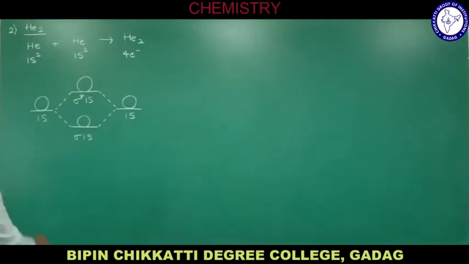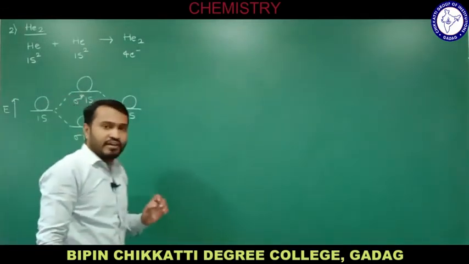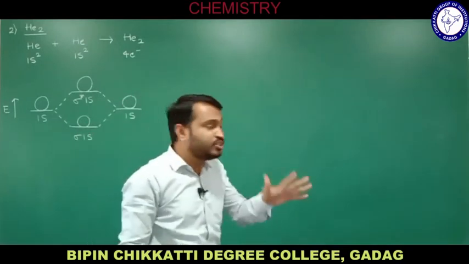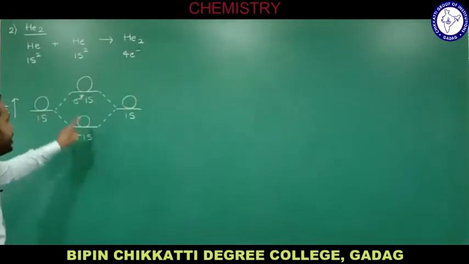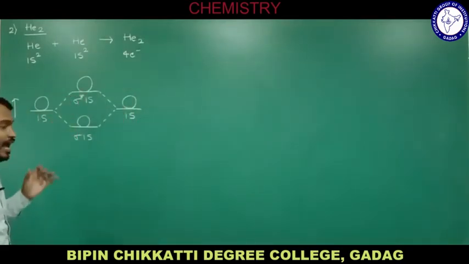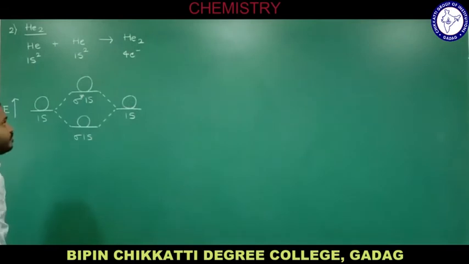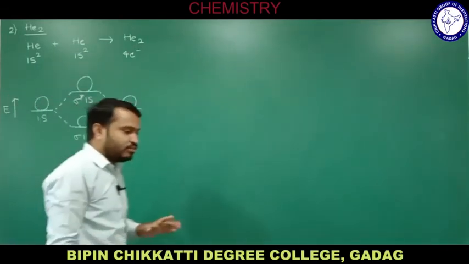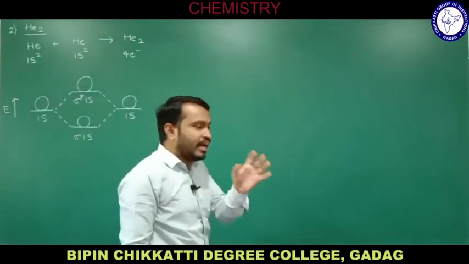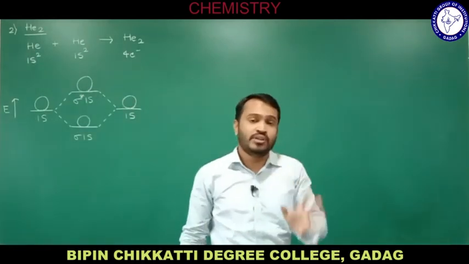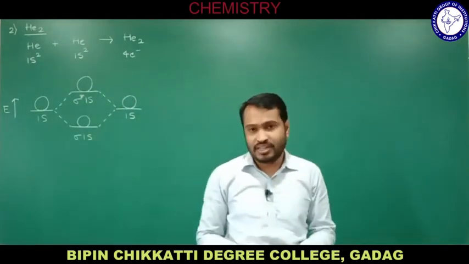The energy will be increasing in this fashion, as we know. Totally 4 electrons we have. So 4 electrons are going to be distributed in sigma 1s and sigma star 1s. Energy of sigma 1s is low, therefore first we have to fill electrons here and later on fill electrons here. While filling electrons, you need to follow some standard rules. As I said, Hund's rule is one of the important ones.